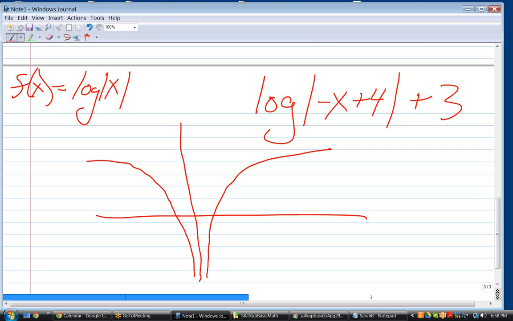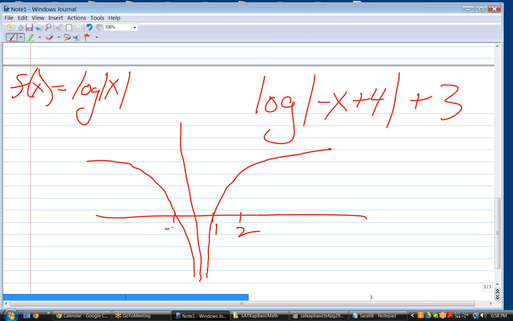Okay. Which means the log of the absolute value of -1 is 0. The log of 2, in other words, that's 1. That's 2.